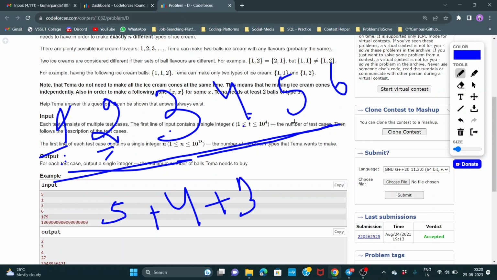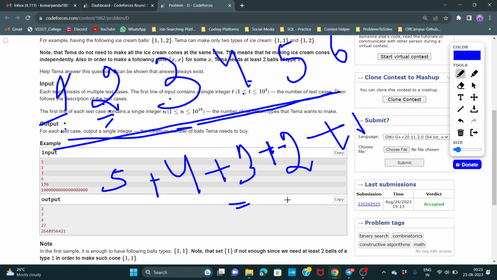For 4 it is 2, for 5 it is 1, and for 6 it is nothing. This number is exactly equal to 6 by 6 into 5 by 2, which is equal to 15.